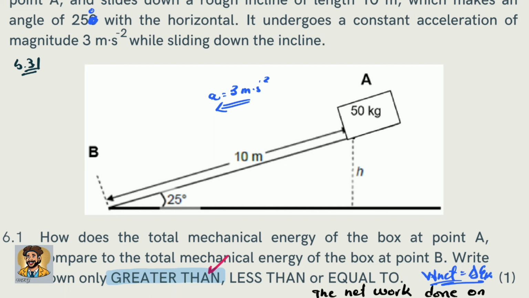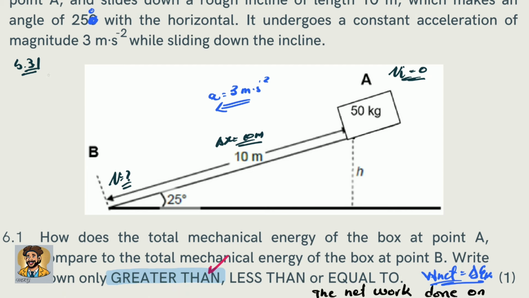Okay, so what data do we have? The initial velocity is 0. The final velocity is what we are looking for. We have the displacement, which is 10 meters. We have the acceleration, which is 3 meters per second square. So we have everything.